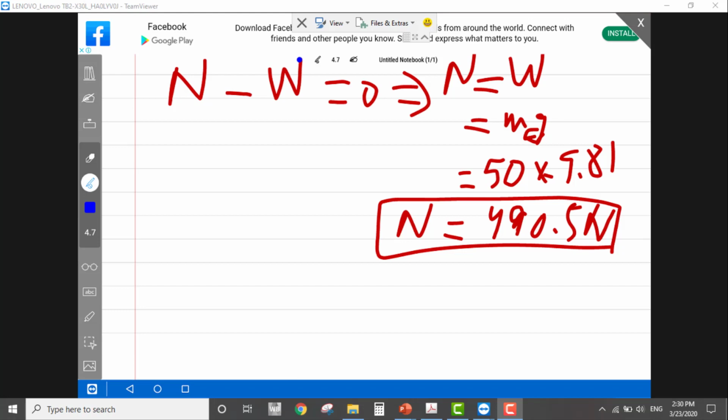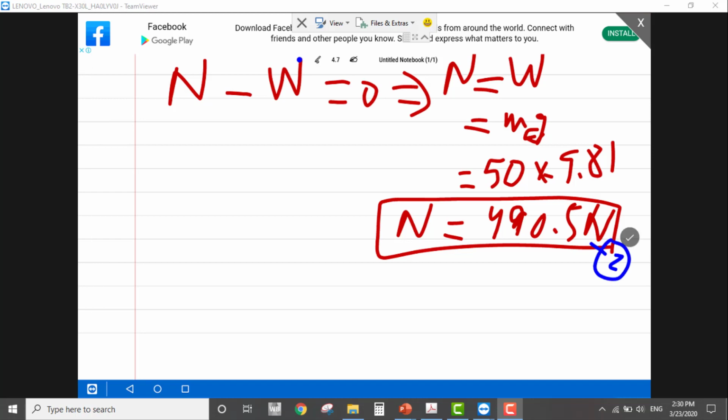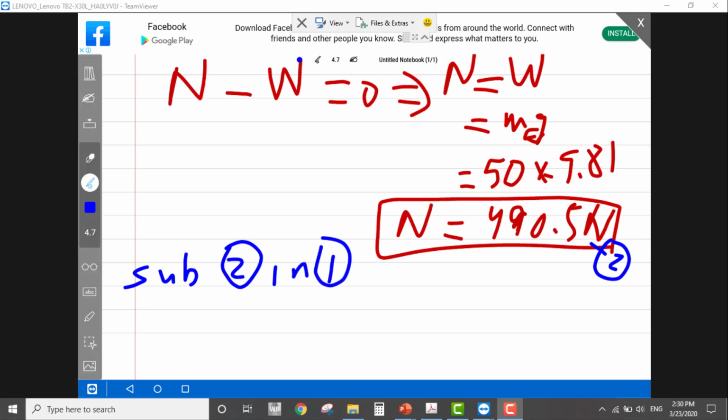Now if I go back to equation 1, let me name this equation as 2. So substitute equation 2 in 1. Then what do we have?